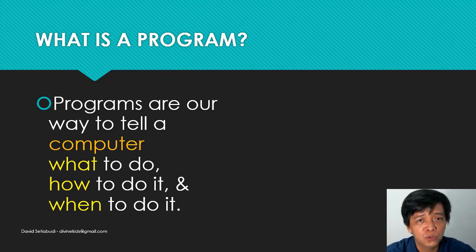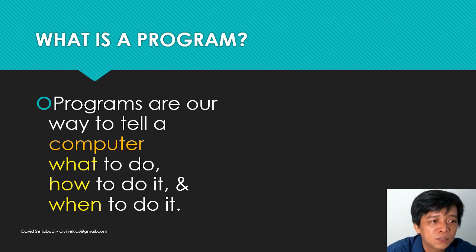I want you to do it now. Or you make a program A, B, C, D, E, F, G, and then you do A first, and then B, and then C, and then Z, and then J, and then P. You can always tell the computer what to do, how to do, and when to do it. Okay? That is what a program is for.